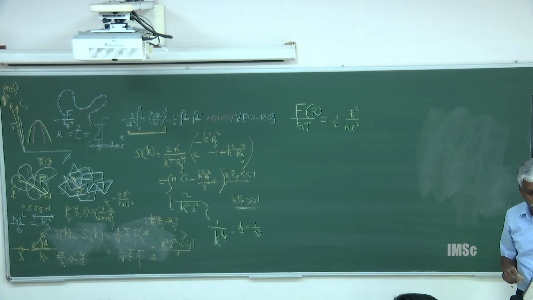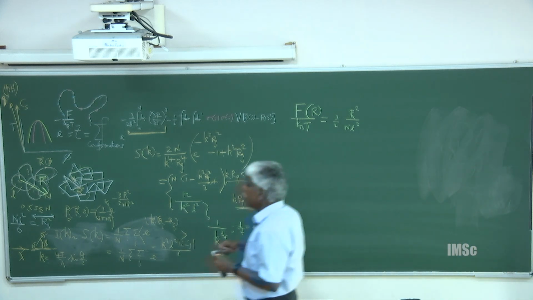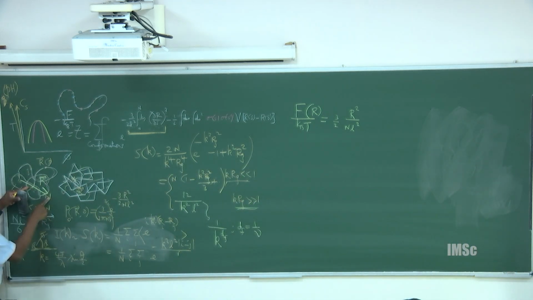As I was telling you in another lecture, there is a mapping between the polymer problem and critical phenomena and also field theory. There, the correlation length diverged with temperature like 1 over T minus Tc to the power nu, right? Here the radius of gyration is the correlation length for this polymer chain to be tied together.